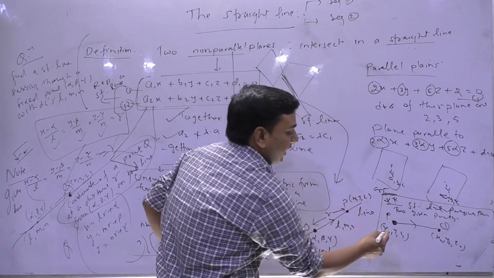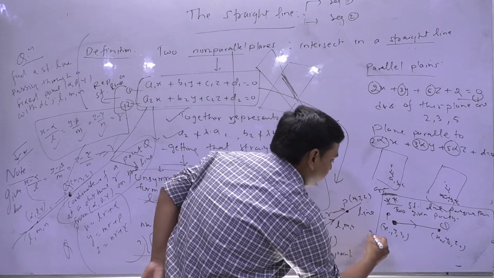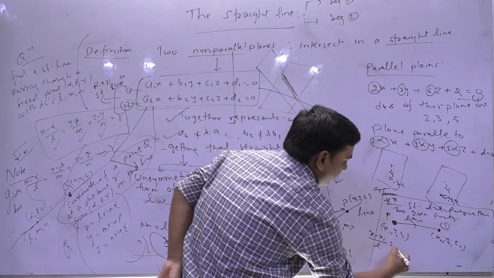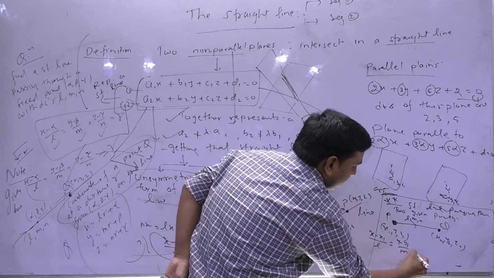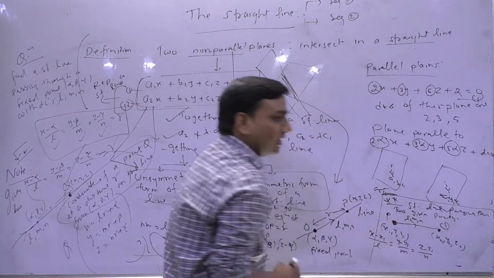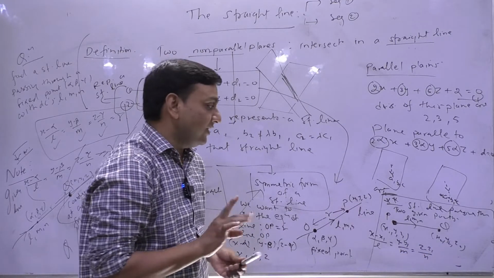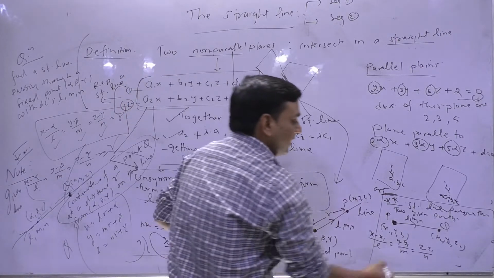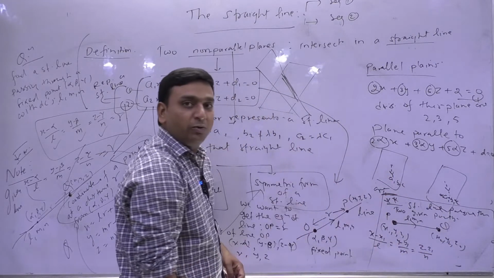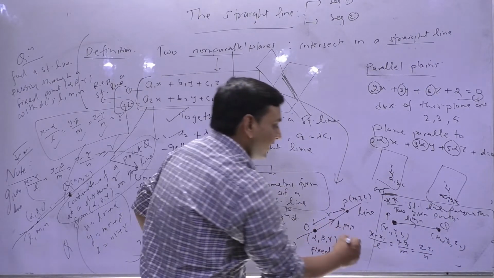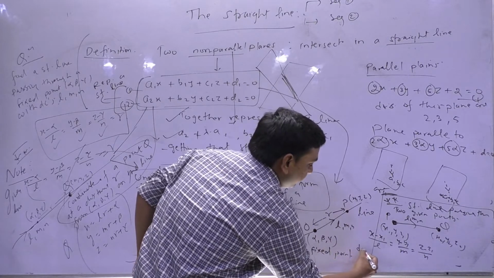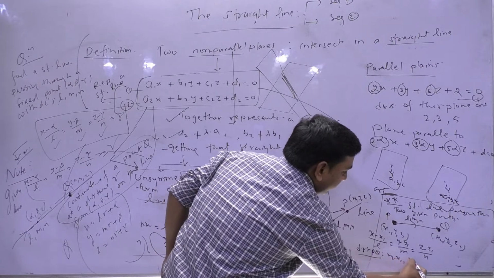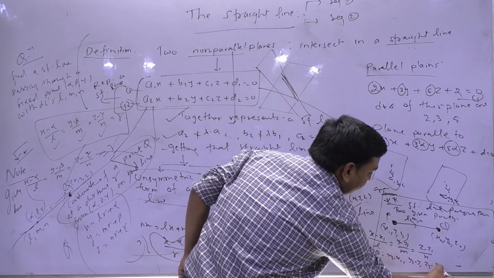Equation of a straight line passing through P: (x minus x1)/L, (y minus y1)/M, (z minus z1)/N. This should be it. If DCs are not given to you, can't I find the DRs of the line PQ? What will the DRs of the line PQ be? x2 minus x1, y2 minus y1, z2 minus z1.